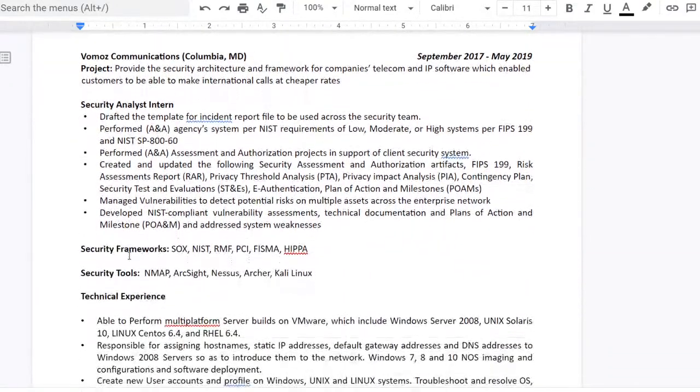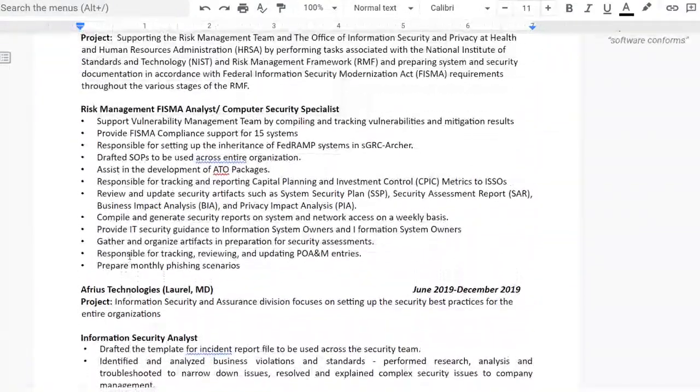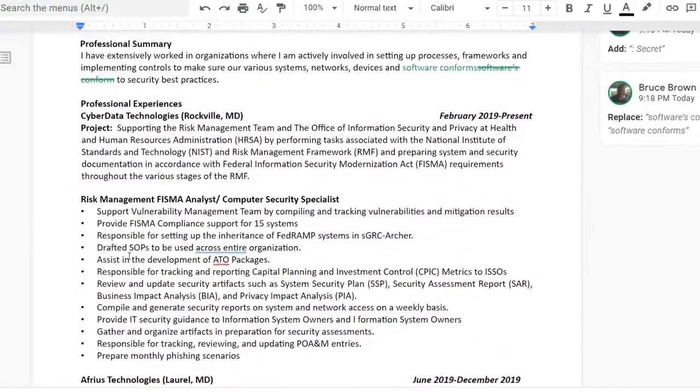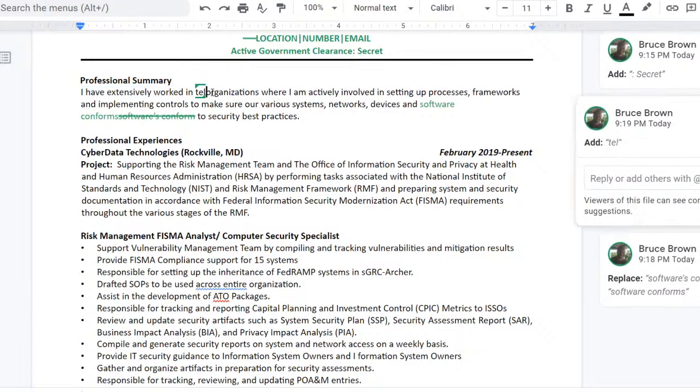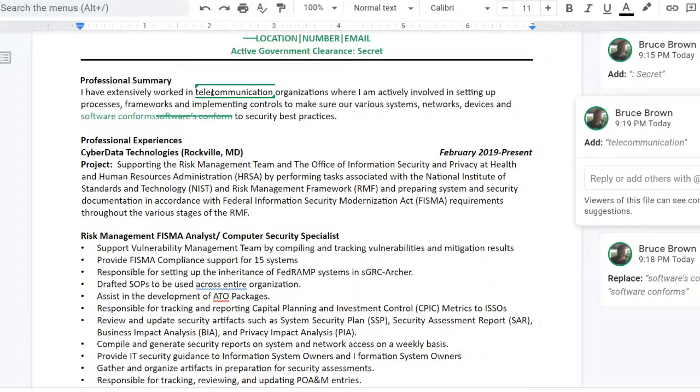Looking like telecommunications and cyber data technologies. I would put the type of organizations. I would put telecommunications and other organizations. It's an opportunity to use a keyword.